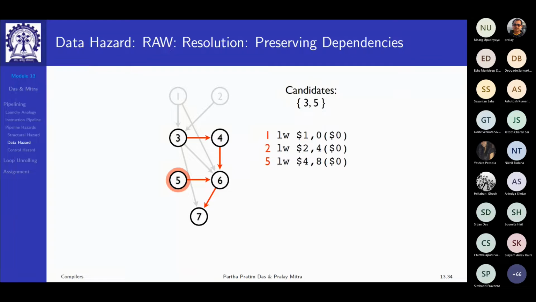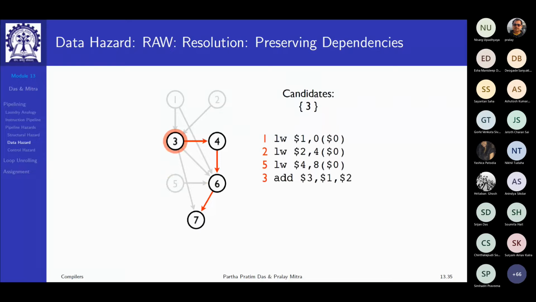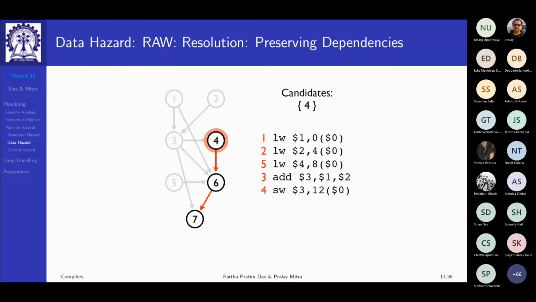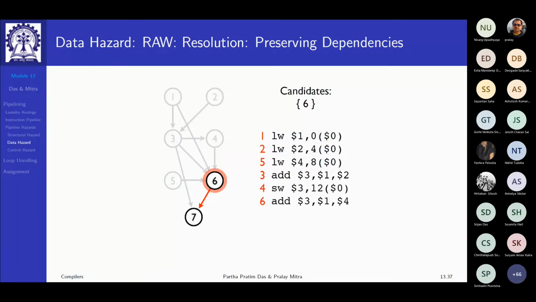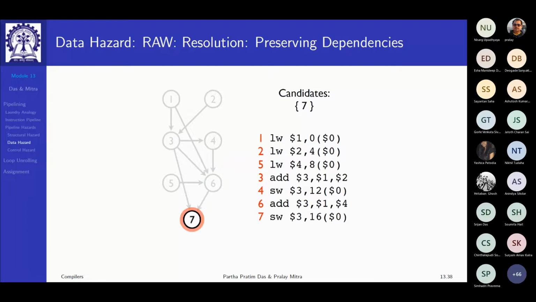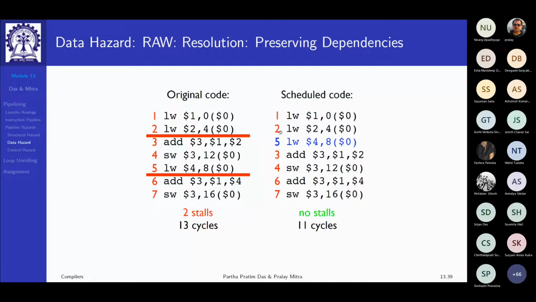So basically we proceed in this way, applying the heuristics every time. You can work this out later easily. So when we end, this is the order that we have finally got in the schedule. So this is the original schedule. So what does the original schedule have?